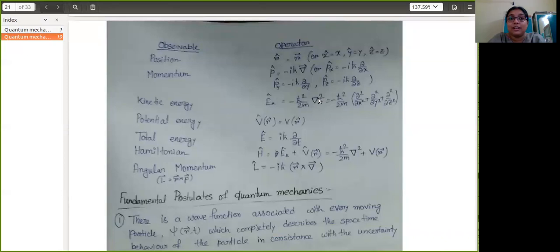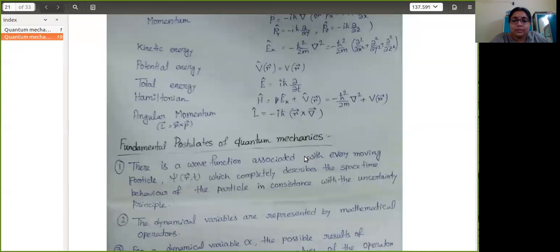Laplacian is del dot del, that is del 2 by del x2 plus del 2 by del y2 plus del 2 by del z2. The potential energy simply is multiplication by V of r. Total energy is given by E equals i h cut del del t. From where we are getting these operators, we will do in detail in the later sections.